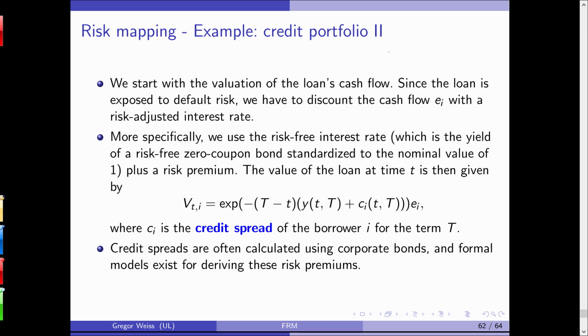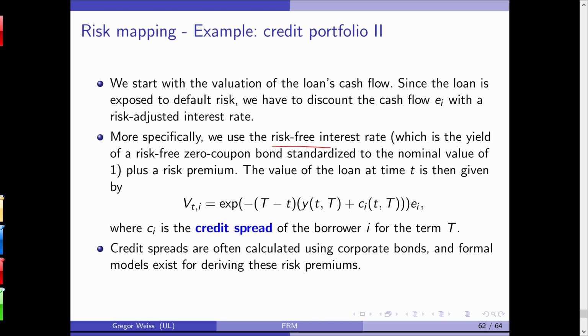More specifically, we use the risk-free interest rate, which is the yield on a risk-free zero coupon bond with the appropriate maturity, plus a risk premium, because we need the risk-free interest rate plus the credit spread. So the value V_t is given by the exponential function of minus (T minus t) times the yield plus the credit spread CI, times the exposure EI.